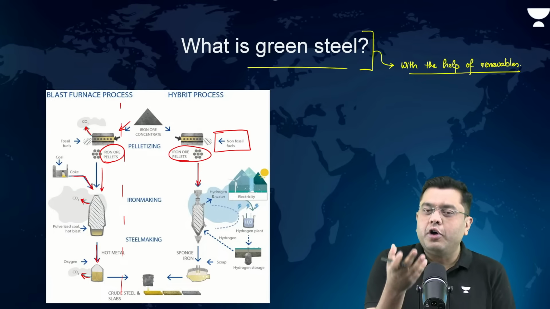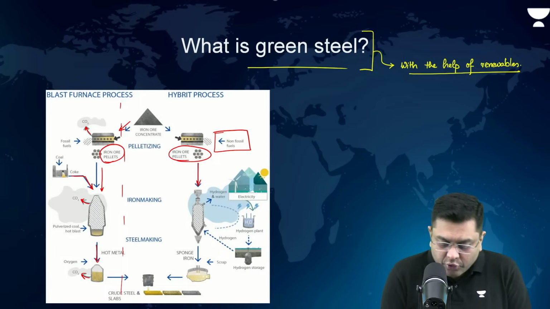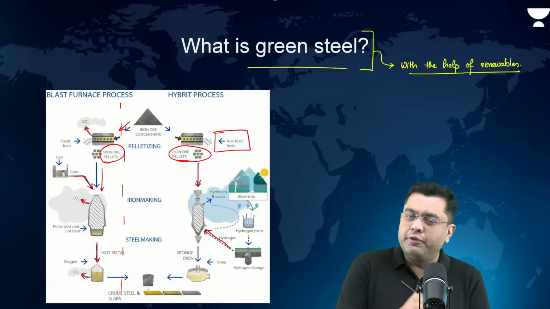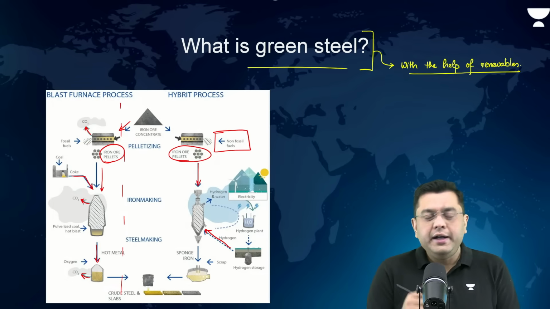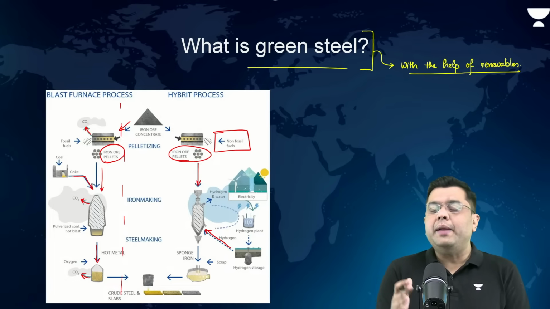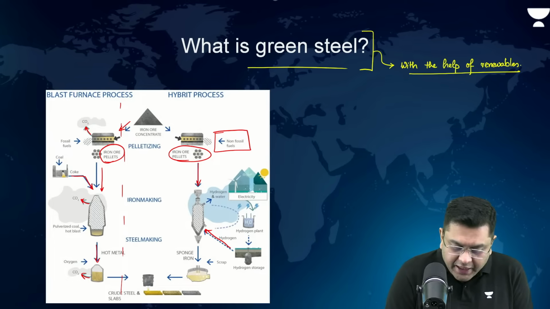By electrolysis of H2O, you are able to separate hydrogen and oxygen. You can use that hydrogen as a fuel instead of fossil fuel, instead of coking coal, in the process of iron manufacturing. So the emission will be, rather than CO2, water vapor. So overall, the emissions are being reduced.